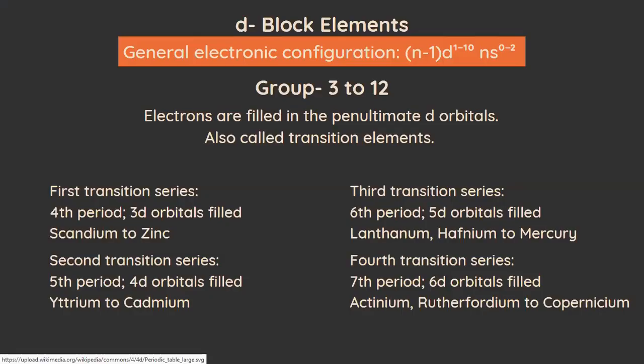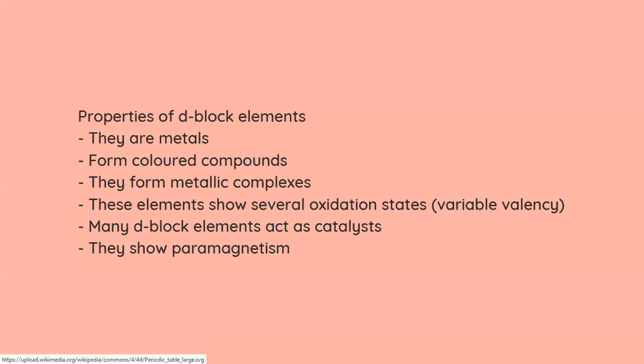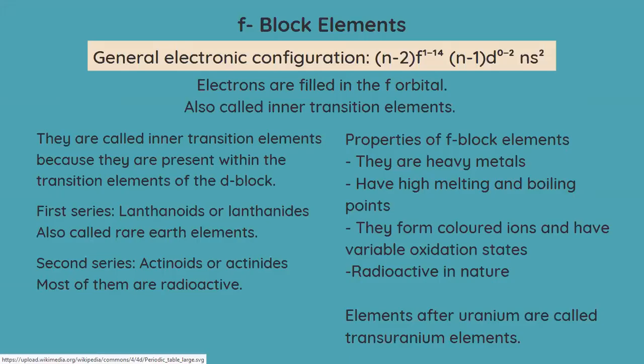The next is that they show paramagnetism. A paramagnetic electron is basically an unpaired electron. So some of these elements will show paramagnetism because they have unpaired electrons.